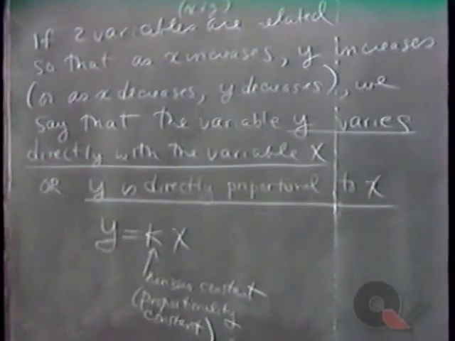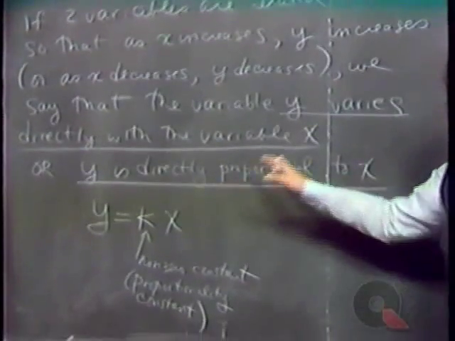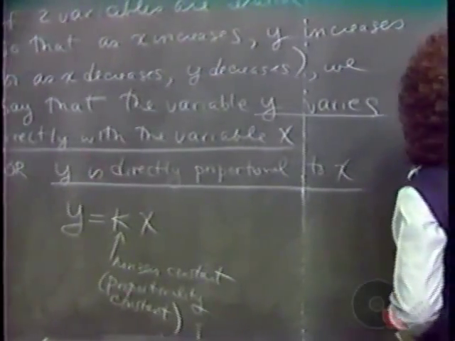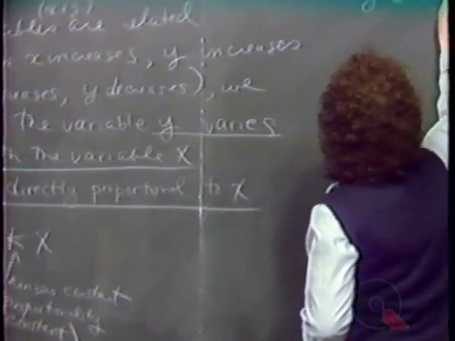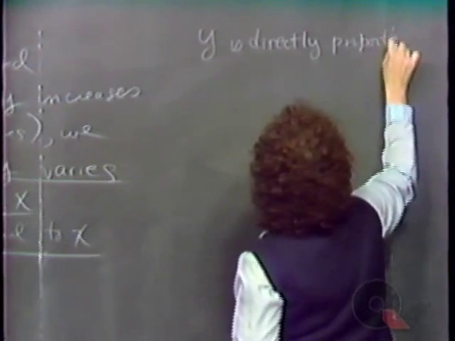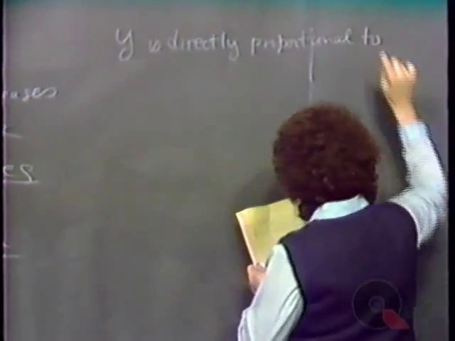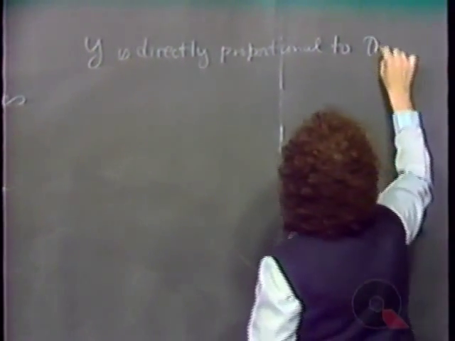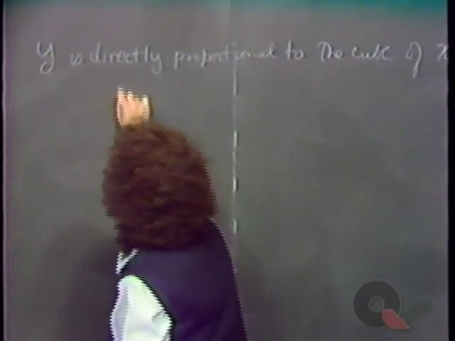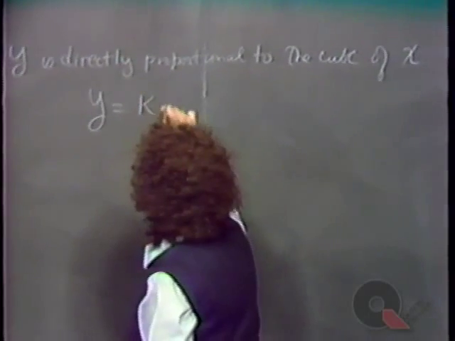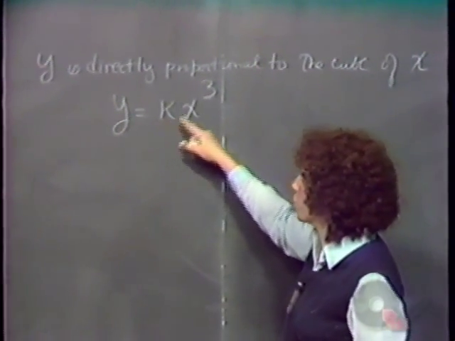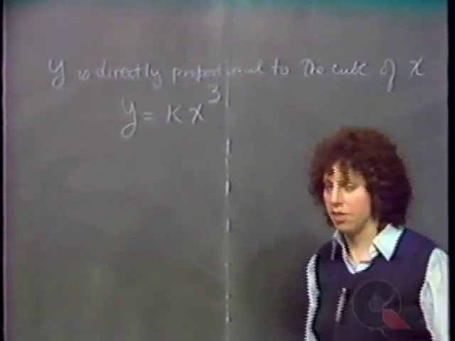Sometimes, instead of saying y is directly proportional to x, you might hear y is directly proportional to, say, the cube of x, in which case we would write y is proportional to x cubed. y is directly proportional to the cube of x.